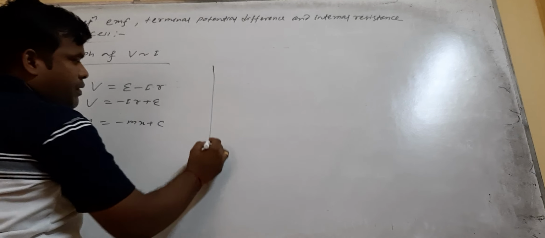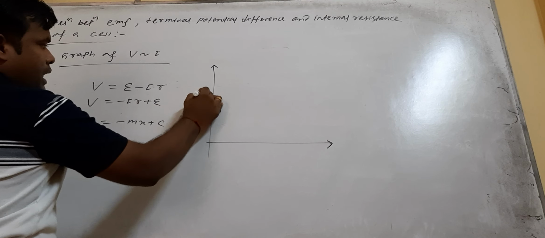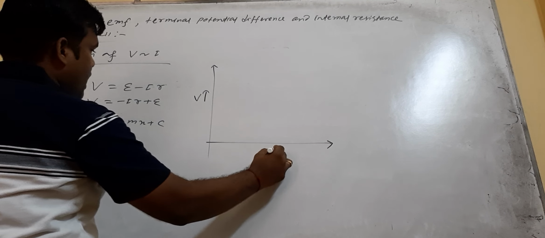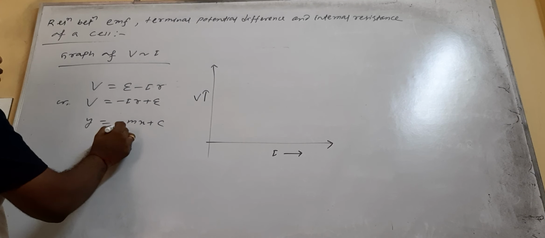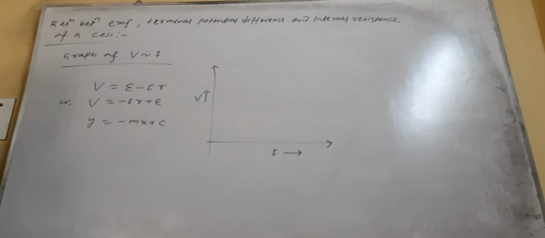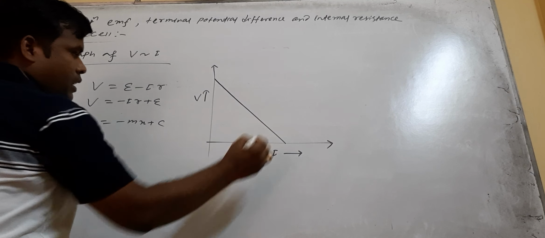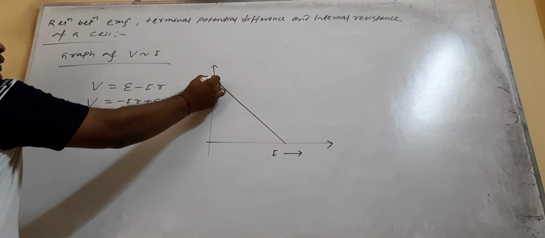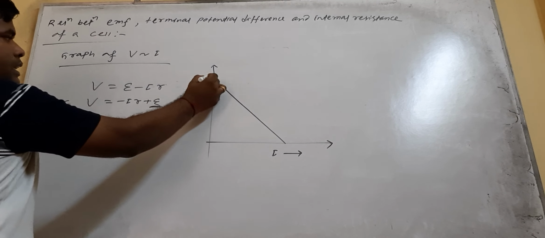What will be the graph? You take V along the Y axis and I along the X axis. As it is a negative slope, here the slope is -r, so the graph will be like this. What is the intercept? The intercept is your E in place of c. It is E.